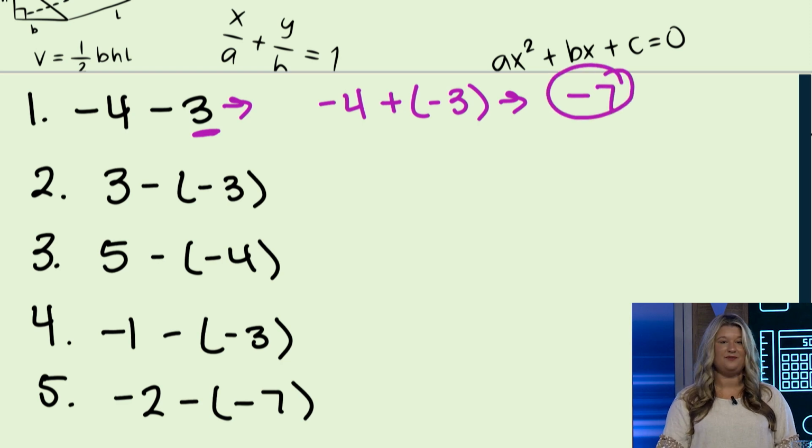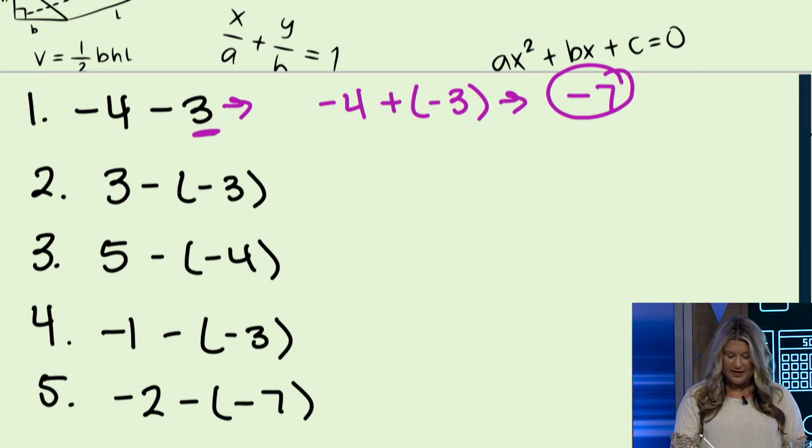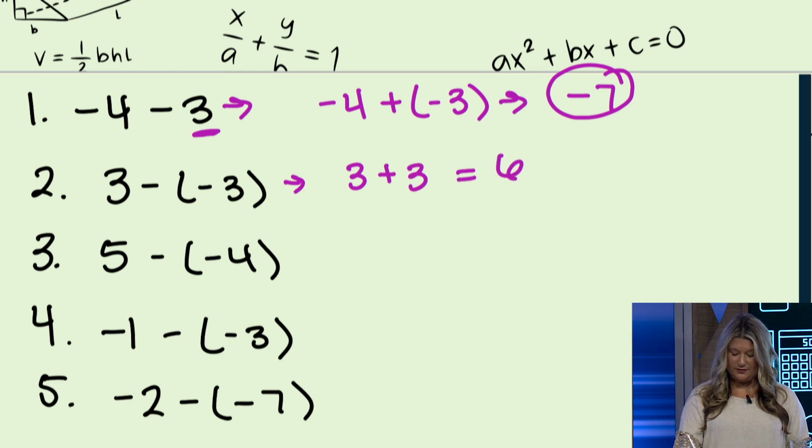And we get -7. Now, whenever we're subtracting a negative, we'd still keep, change, change, but there is a shortcut that I'll show you. We have 3 minus -3, so we'll keep our 3 positive. We'll change subtraction to addition, and we'll change this -3 to a +3, and we get 6.